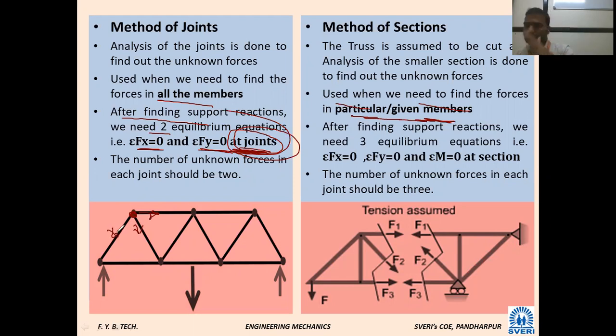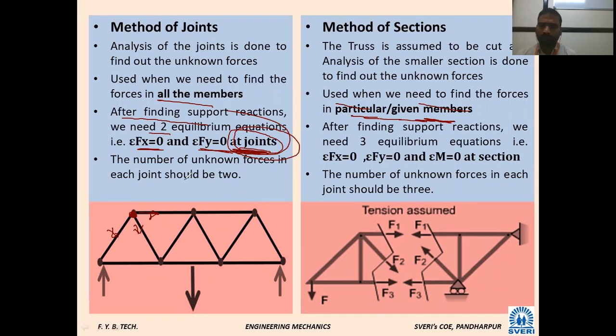Either sigma fx is equal to 0 or sigma fy is equal to 0, but sigma m you are not supposed to take, because all the forces are passing through the given joint only. So in the method of joints, you have to consider only two equilibrium conditions: first sigma fx is equal to 0 and next sigma fy is equal to 0. Is it clear, everyone? Yes, sir.